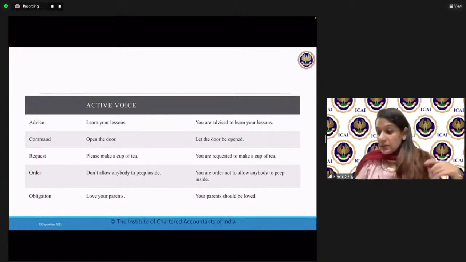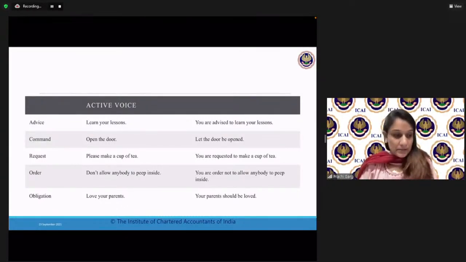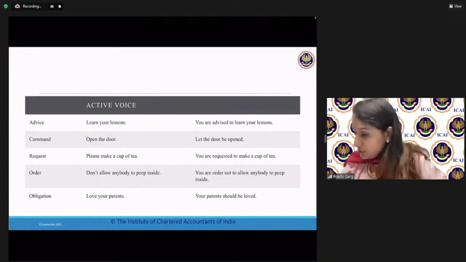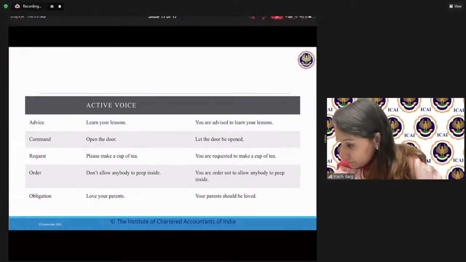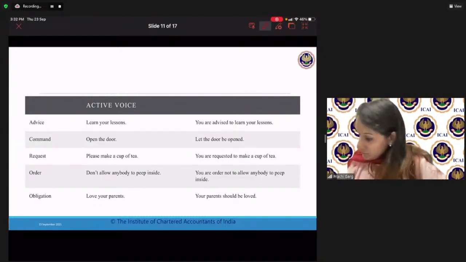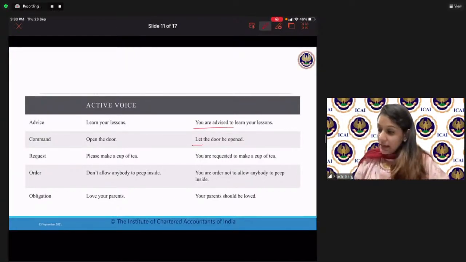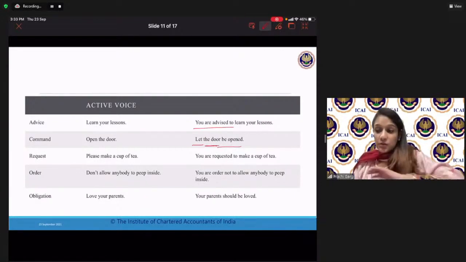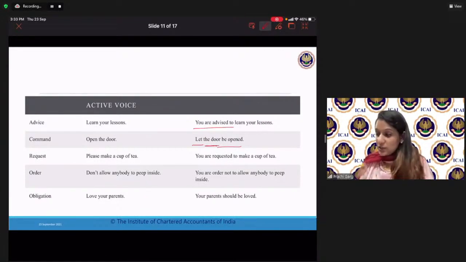So you will add words like you were advised to. If it is a command, open the door, you will use the word let. Can you see here? These things will be added from active to passive. Let the door, then the subject comes, let the door be opened. This is how it will change.